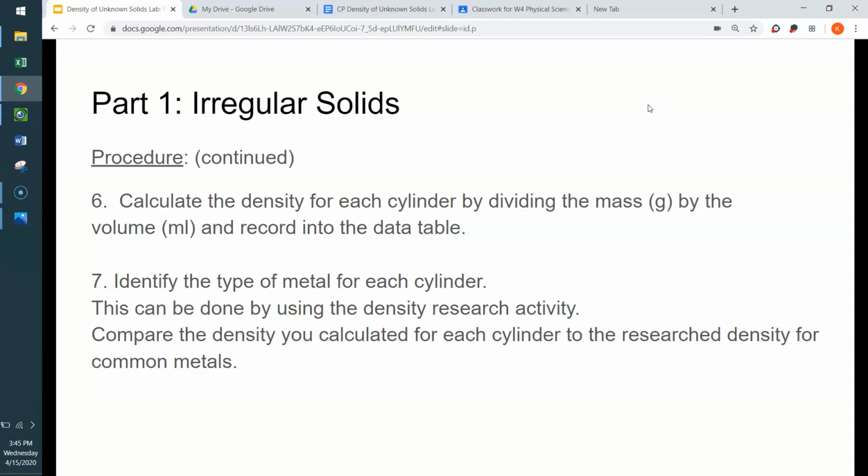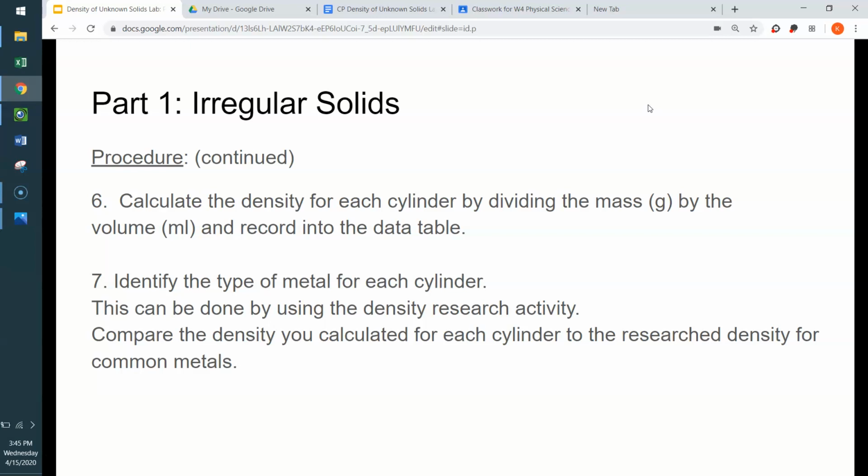Once you have those densities, it should be relatively easy for you to identify the type of metal for each of those 3 cylinders. Last class, you were assigned work that had you do research on some common metals and their density.